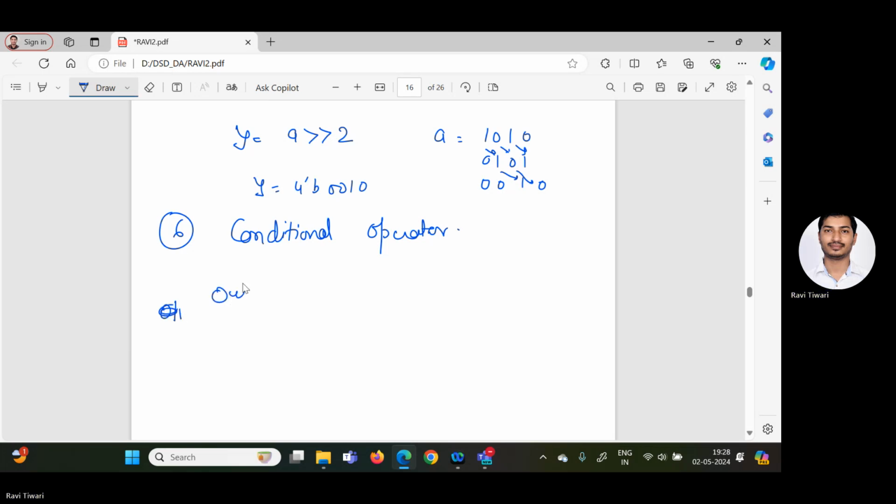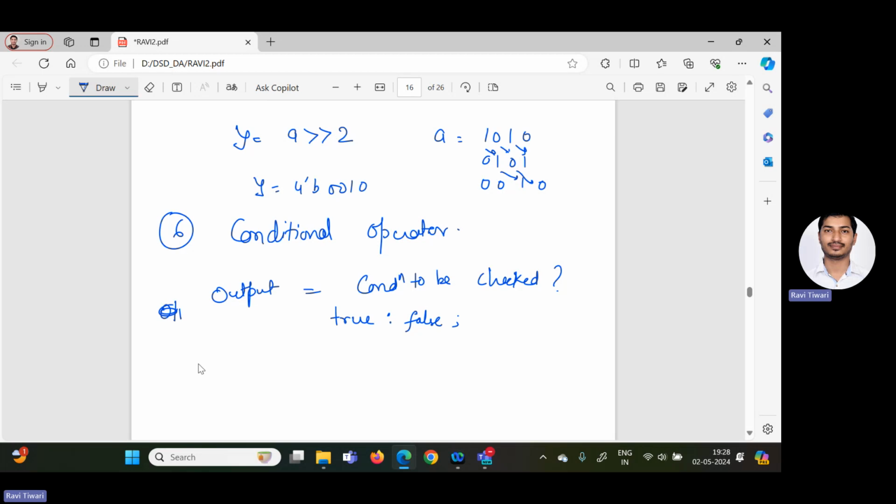Output equals condition to be checked, question mark, then true colon false value. Okay, true value or false value.